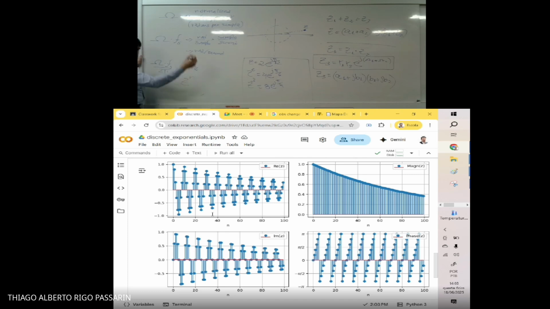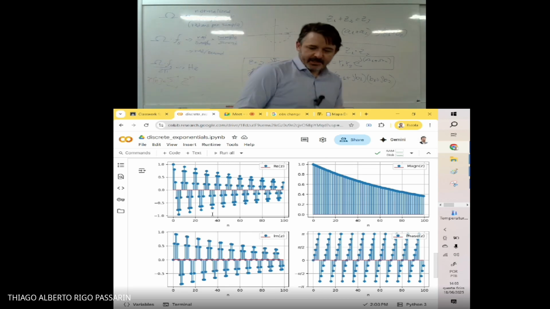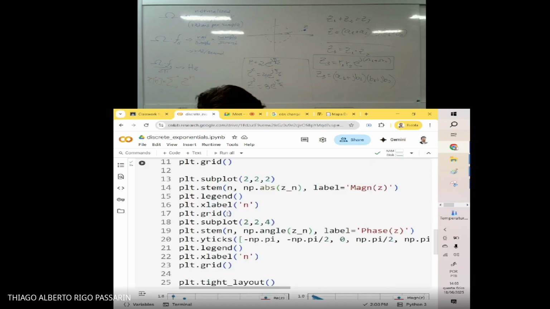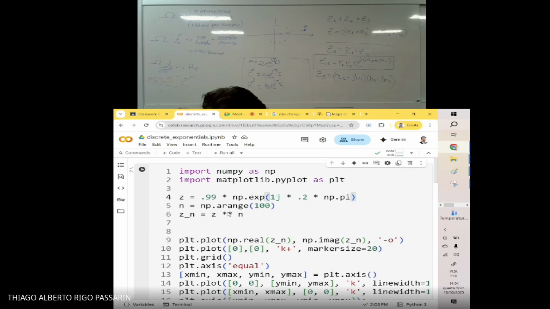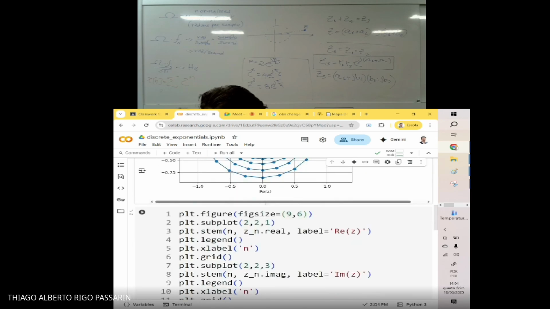So we have a bunch of z to the n's to represent any discrete signal. So next topic, another interesting one. Let's go with the small, relatively small frequency.